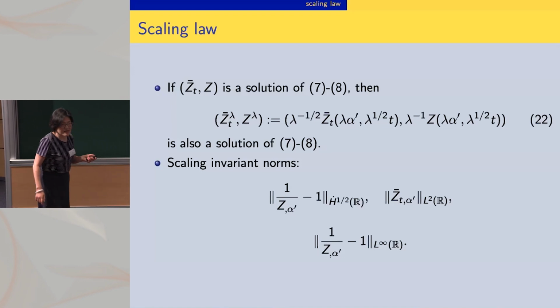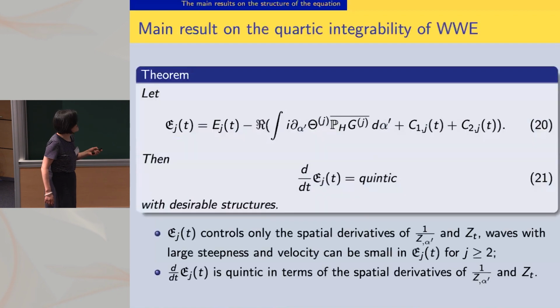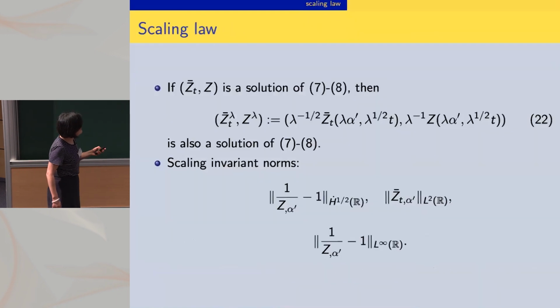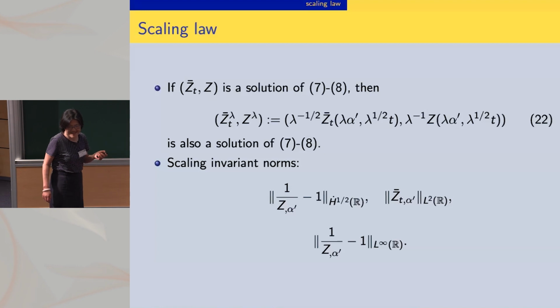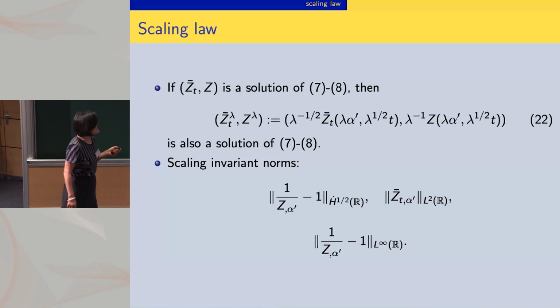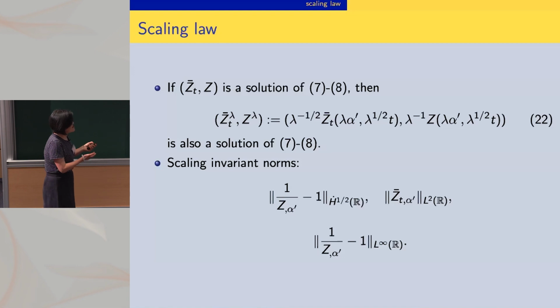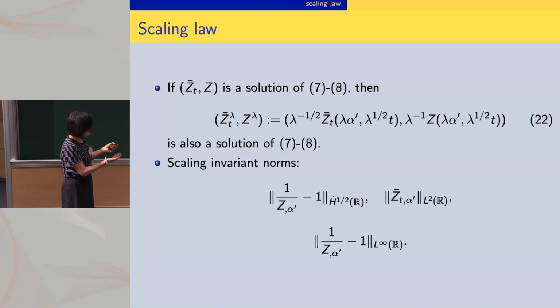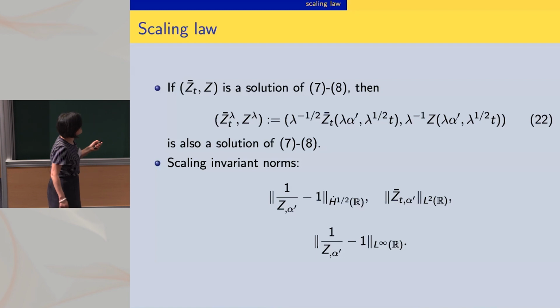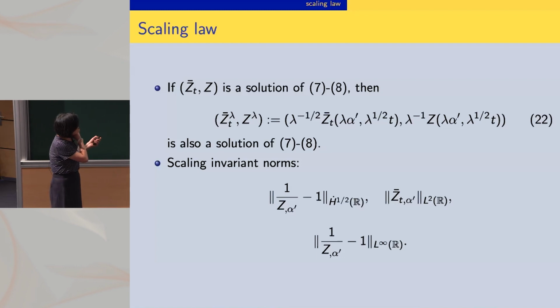I like these algebraic things better than the analytic things, but this analytic result is something I can prove with these quintic energy identities. So this is a scaling law.